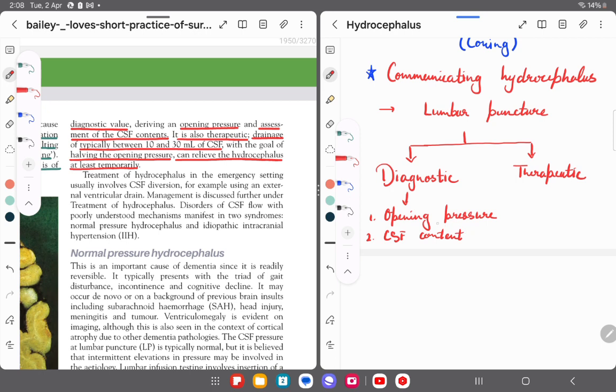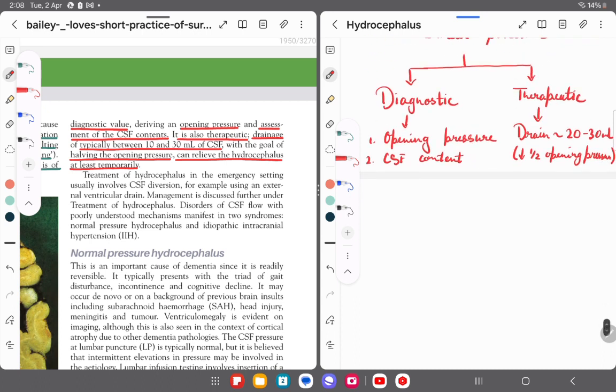The therapeutic goal can also be achieved if we drain approximately 20 to 30 ml to halve the opening pressure.